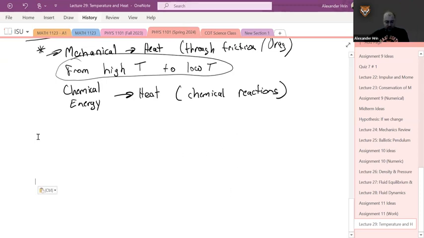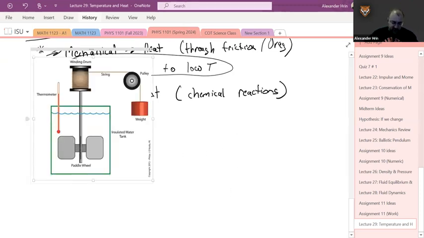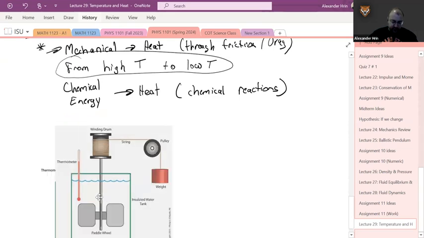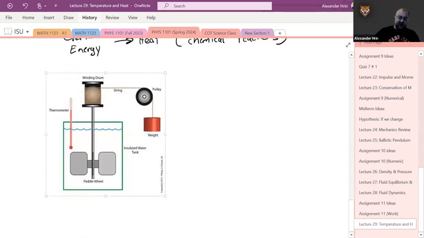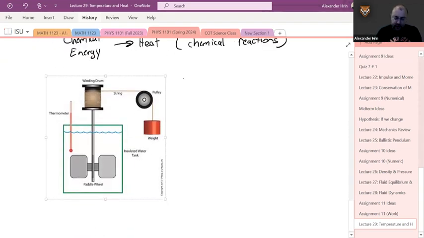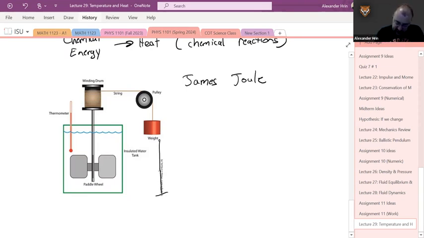So hopefully this will work. There it is. All right. So this is James Joule's setup. The idea here is that you have some height and some mass m right there. The gravitational potential energy is just mgh.